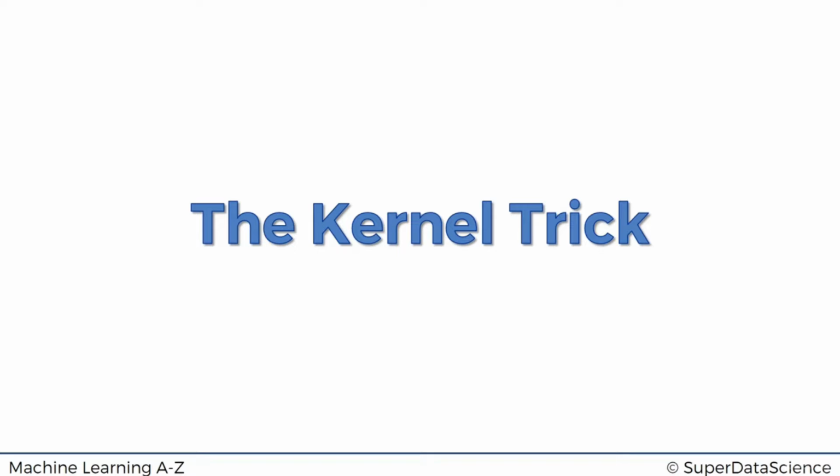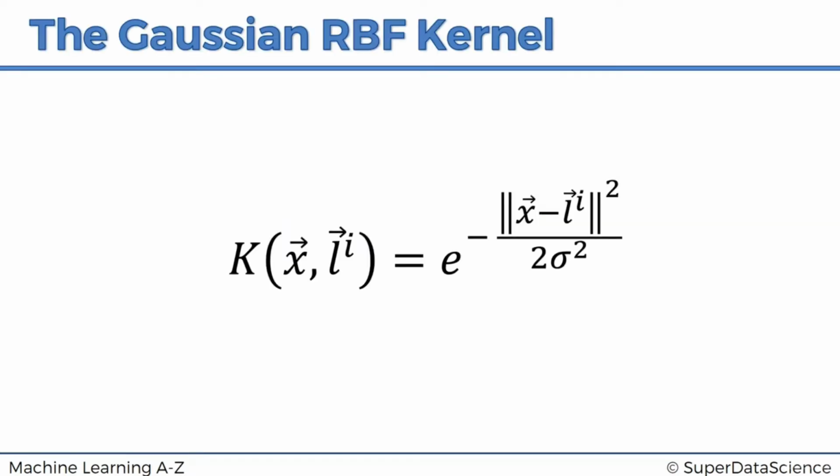So let's get started. Here we've got the Gaussian or the radial basis function kernel, and those are two interchangeable terms. Now let's have a look at this function. K stands for kernel, and it's a function applied to two vectors. The x vector is just some sort of point in our data set, and L stands for landmark.